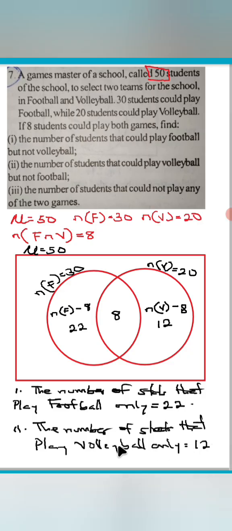And the last question says the number of students that could not play any of the two games. Let those people that play none of the two games be X. So we're going to put X outside here, which means they don't belong to either the circle of football or volleyball. To calculate that, if we add all of this together, they have to give us 50 because the universal set is 50.